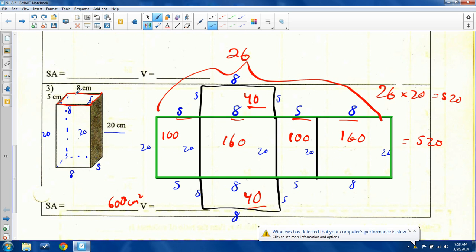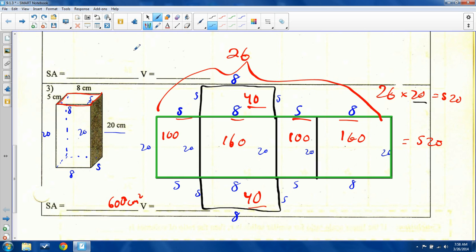The unfolding of this object gives you the perimeter of your top and bottom. This 5 plus 8 plus 5 plus 8 is the same as this 5 plus 8 plus 5 plus 8. They're the same thing because they connect when you fold them together. And then this 20 right here is the height of your prism, because it's 20 all around.